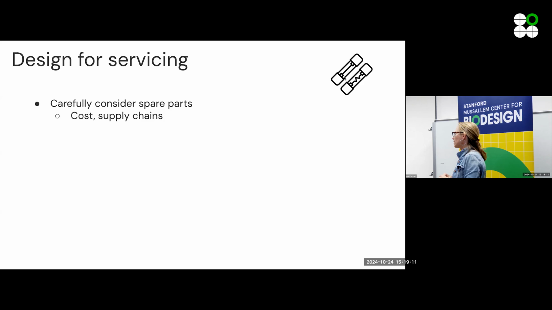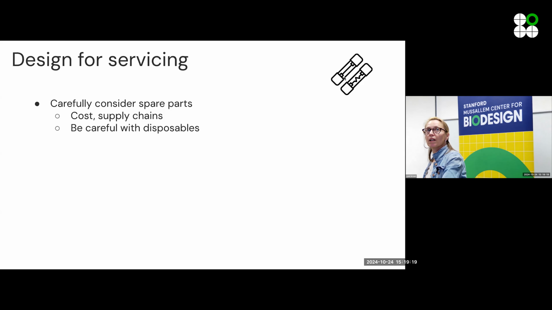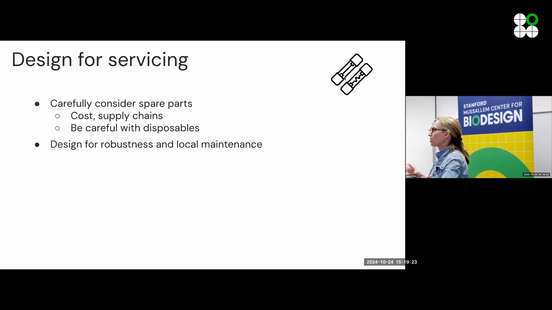Supply chain, sometimes you just can't get certain spare parts. Tariff structures in certain countries. You want to pay special attention to all that. And be careful with disposables. Because of the price structure with the operating cost, often we'll put the environmental issue aside for a moment. So design for robustness and local maintenance.